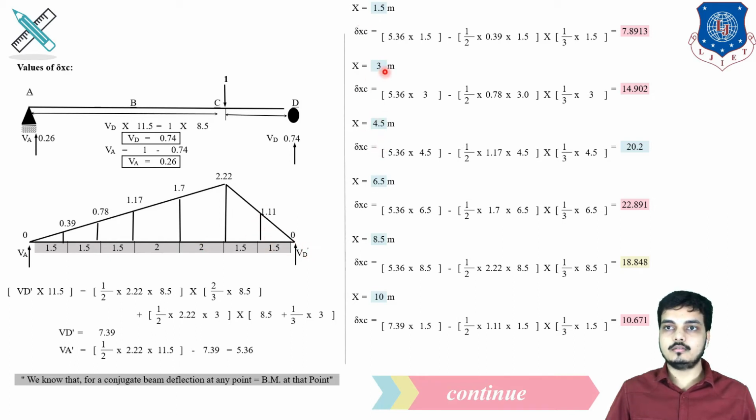So look, for the first half I have used 5.36 and then I have used 7.39. Now after finding the deflection at each and every point, we are having two deflections: deflection at B, delta XB, and deflection at C, which is delta XC.